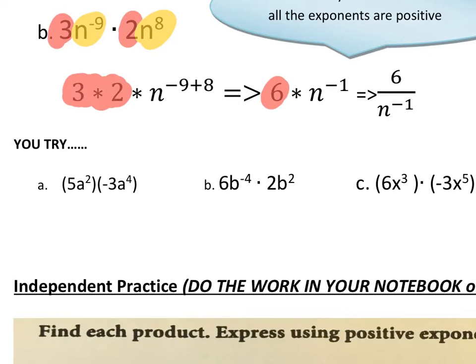Why does it make sense that my base is not 3 and 2? Right, because they don't have any exponents. Here, these are different numbers. Here, you see, I have n and n. I have bases with exponents. So we know that we're doing the law of exponents for multiplication. Okay?